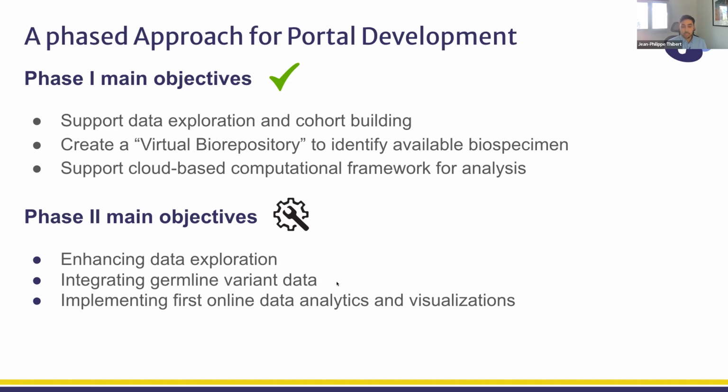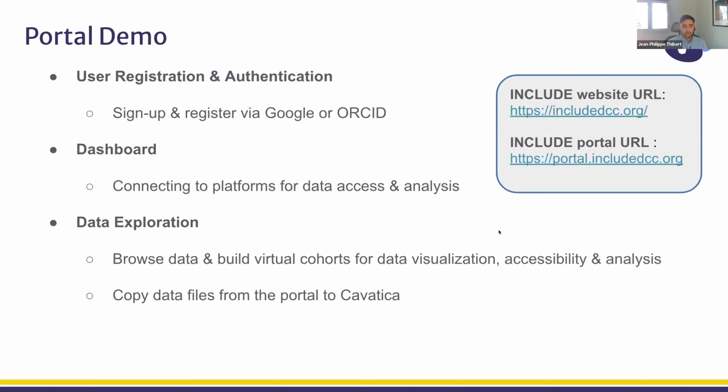So you're going to be able to explore the rich genomic data sets that we have for the variants of the Include Data Hub participants. And finally, we're looking into implementing the first online data analytics and visualization tools, really more so a web-based online tool to make it a little bit easier to use for non-bioinformaticians.